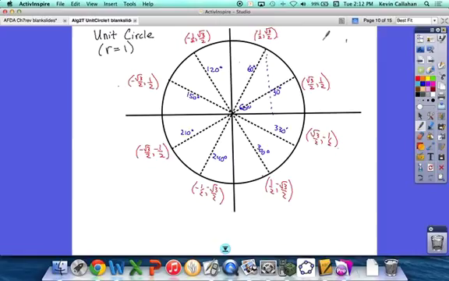And once you've got the 30 and the 60, then you can spread them to the other quadrants just by taking into account the signs. Like this point here is straight across from this point, so it's got the same y-coordinate, root 3 over 2, but the x-coordinate, instead of a positive 1/2, is now a negative 1/2. It's to the left of the middle. This point is straight across from that point, so again it has the same y-coordinate, 1/2, but now the x-coordinate is negative root 3 over 2.